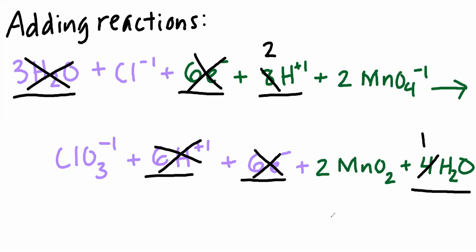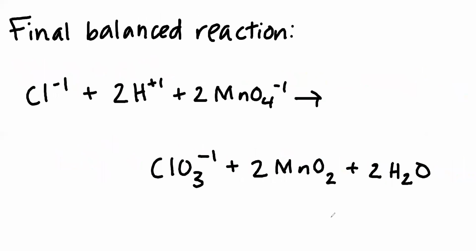So after we simplify this, we get to our very last step when we finally balance them. And I just have one correction to make: there's now just 1 H2O.